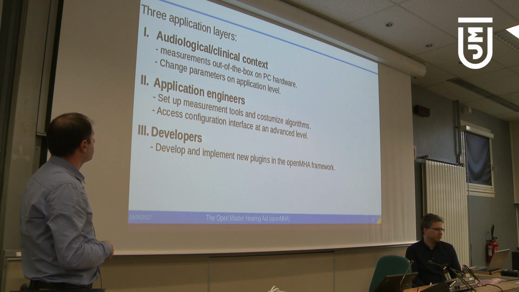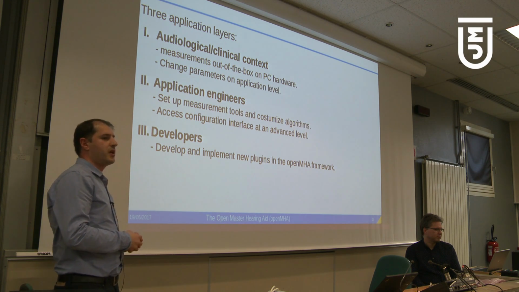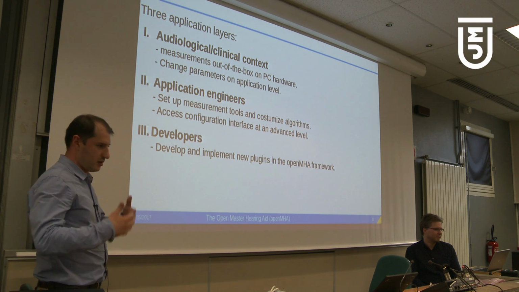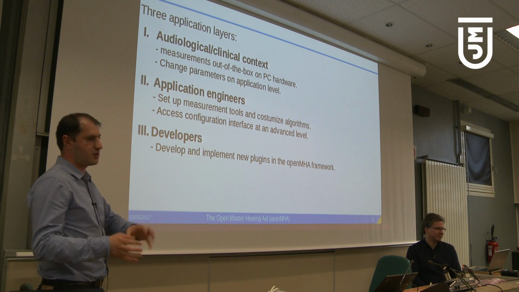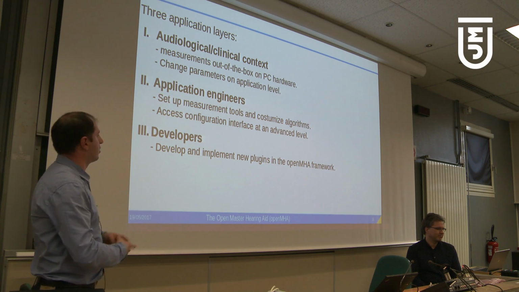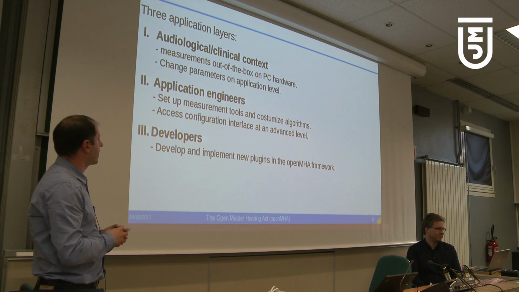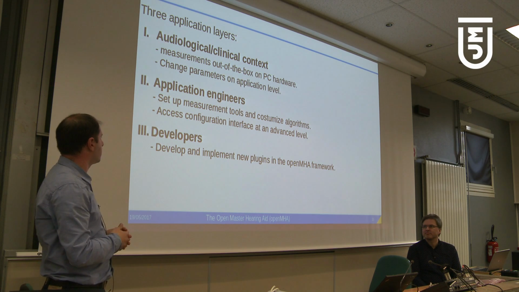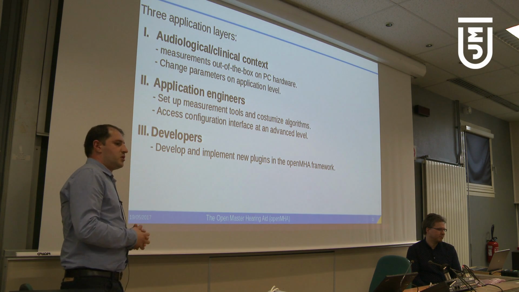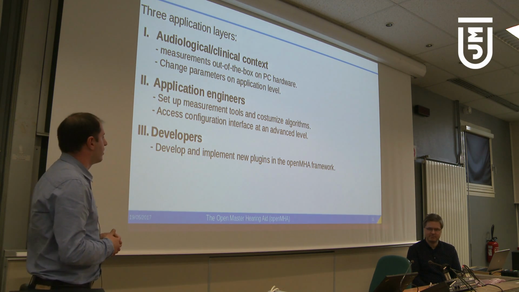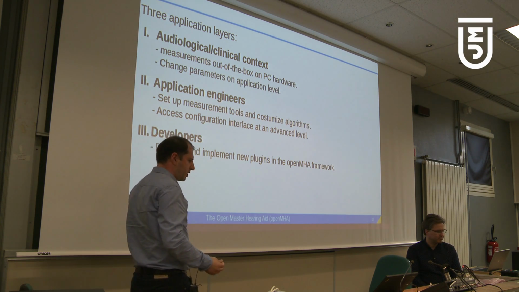The idea is that application engineers have enough knowledge of the underlying structure of MHA, so that by using the already existing algorithms, for example the already existing plugins, they can come up with new algorithms, or in general access MHA at a more advanced level. And the last layer is developers themselves, people who develop plugins in C++, in which openMHA is implemented.